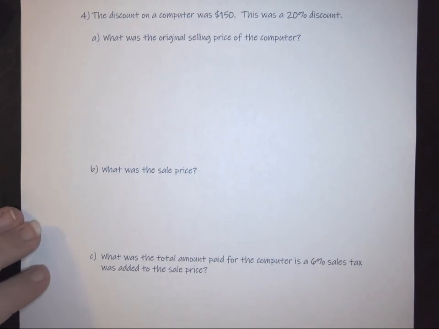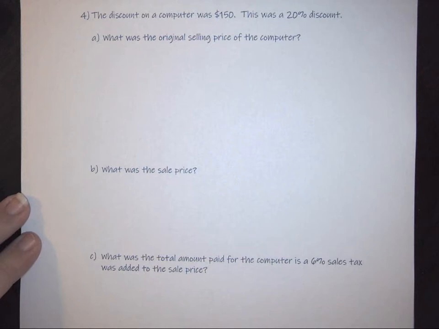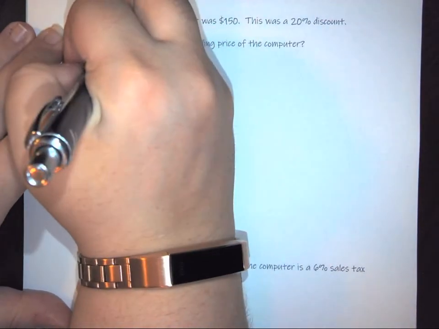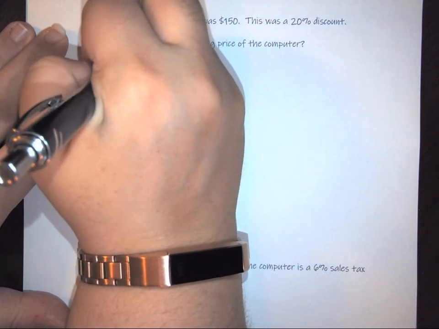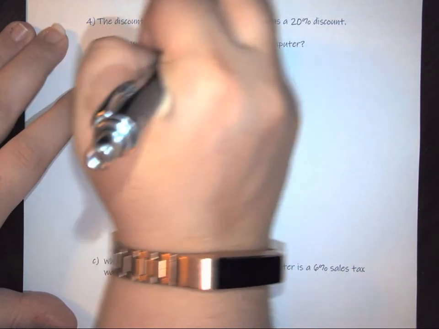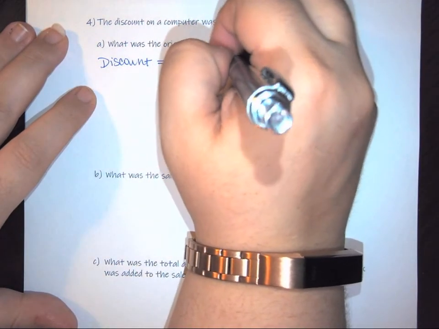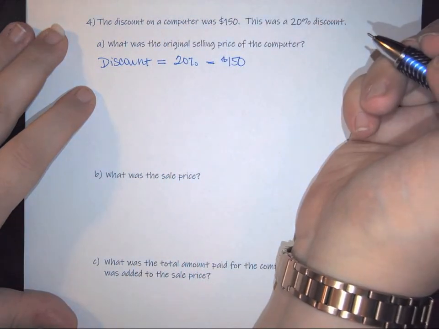Alright, now the last one I wanted to look at is this one here, which says the discount on a computer was $150 and this was a 20% discount. The first part says what is the original selling price of the computer. So first of all, what do we know? Well, we know that my discount was 20%, which is the same as $150.